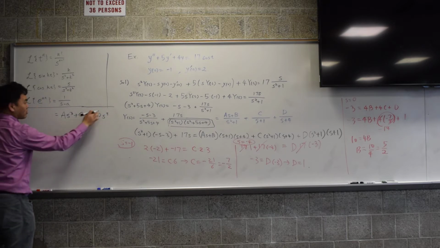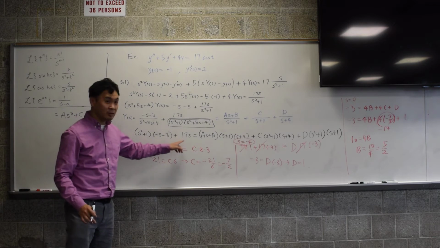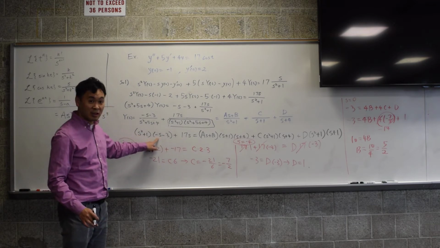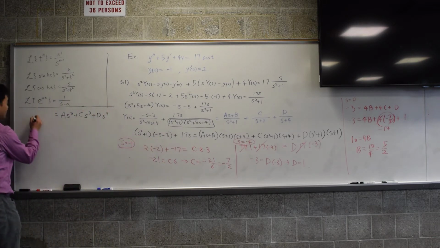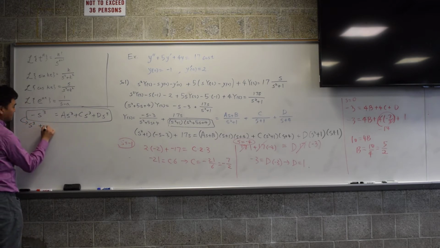That's the highest order term on the right, right? How about the left side? Do you see s cubed here? s squared times -s, right? So you have negative s cubed on the left side. So this is what happens to the s cubed term.